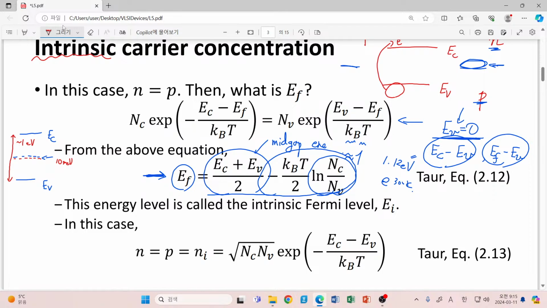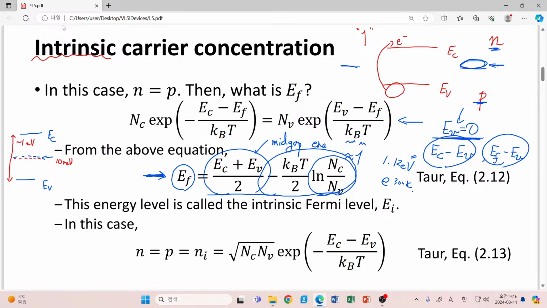So this is just around 1% difference. So in many cases we just believe that the intrinsic Fermi level is located at mid gap.